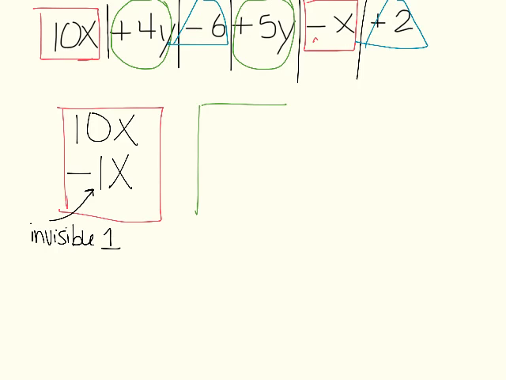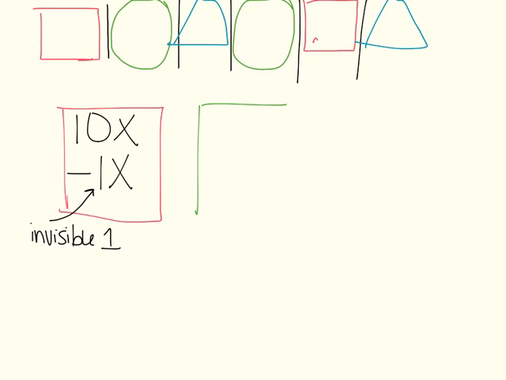Maybe. All right, the circle's not really going to work, so we'll keep it as a box. So we had a positive 4y and a positive 5y. If we look back to the pink box here, if there's no sign in front of the 10x, remember that means it's a positive if you don't see a sign.